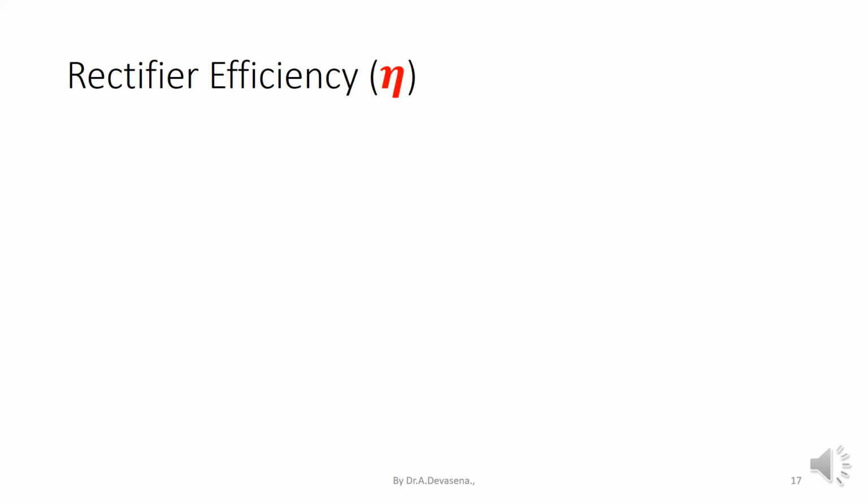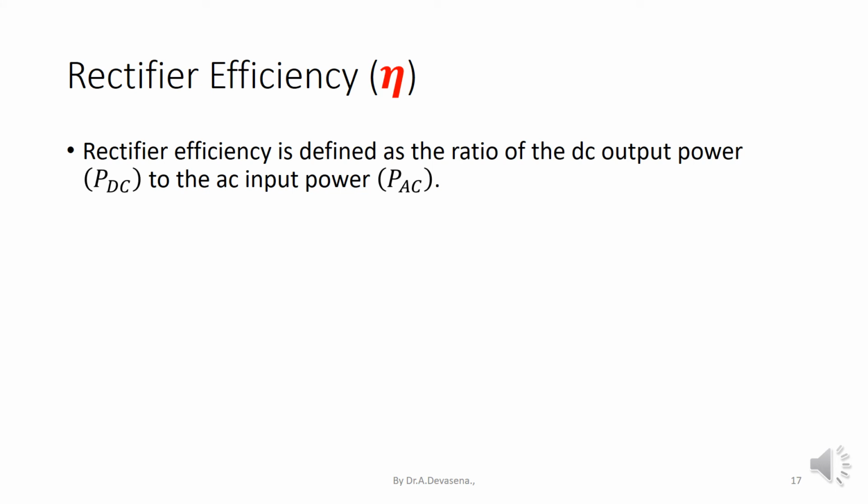Now we are going to obtain the rectifier efficiency. The rectifier efficiency is represented by the symbol eta. It is defined as the ratio of the DC output power, capital P suffix DC, to the AC input power, capital P suffix AC.